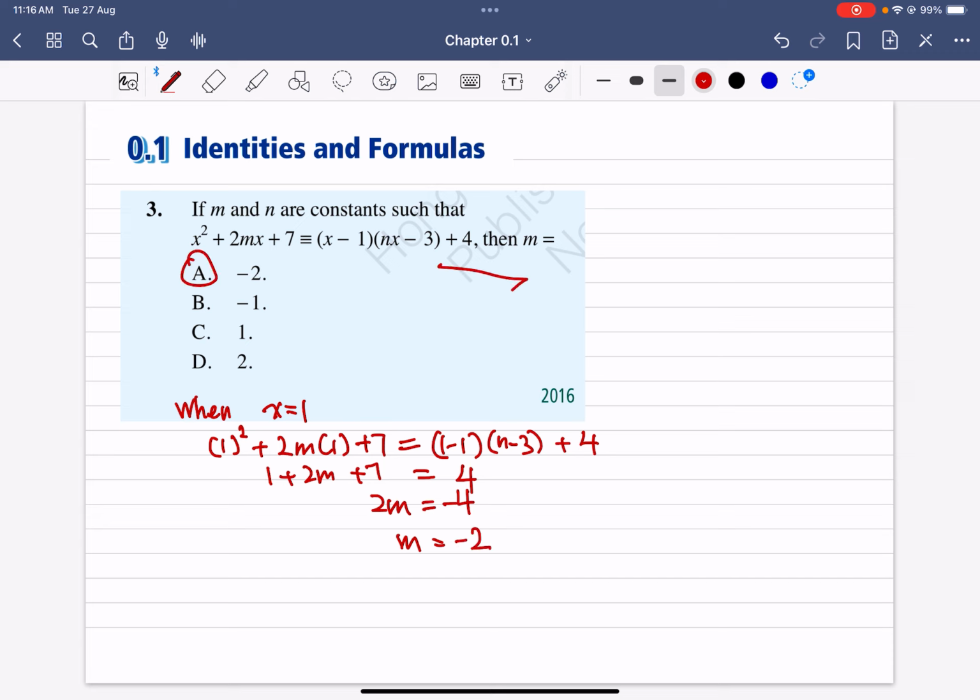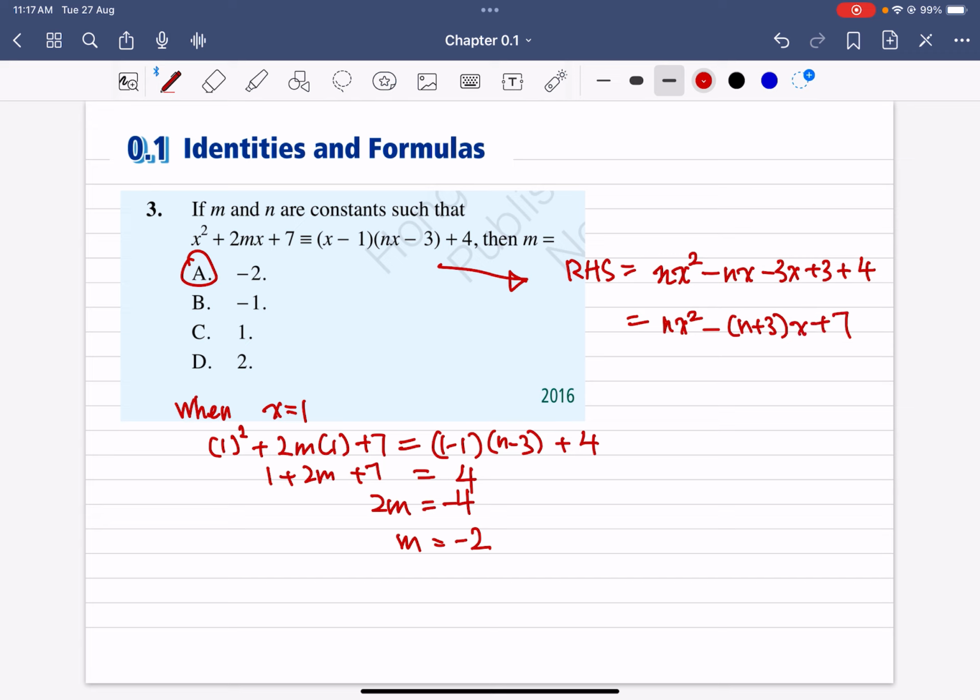But of course you can expand it. So the right hand side you can expand it like this: nx squared and then minus nx minus 3x plus 3 plus 4. So what you will have for the right hand side is nx squared and then minus, and this one you have to be very careful, it's minus bracket n plus 3 times x plus 7.